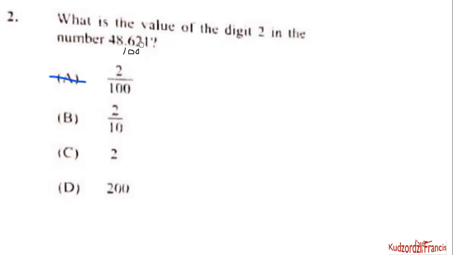So this is out of 10, this is out of 100, and this is out of 1000. So for the 2 here, the value is 2 out of 100. So the correct choice is A.